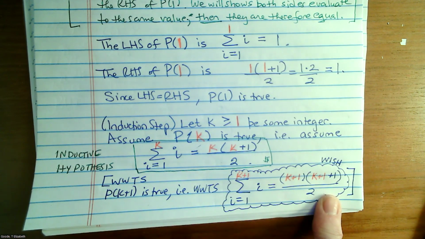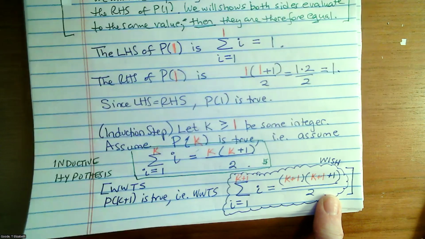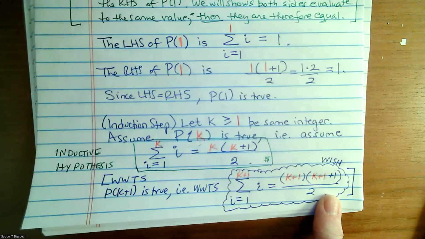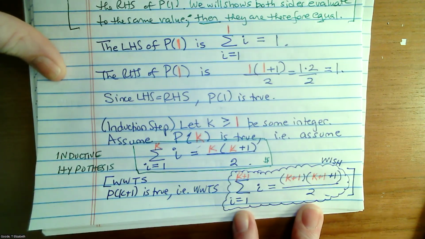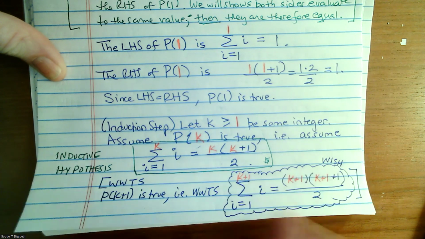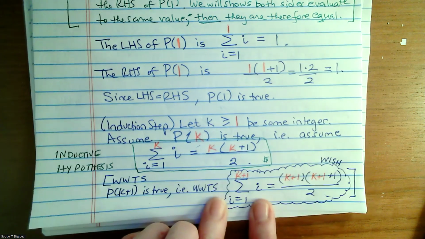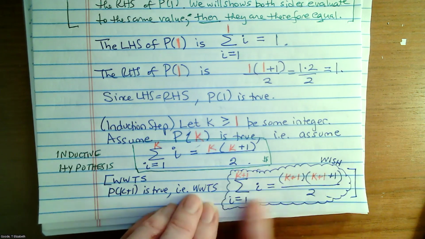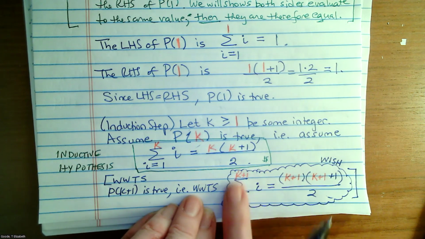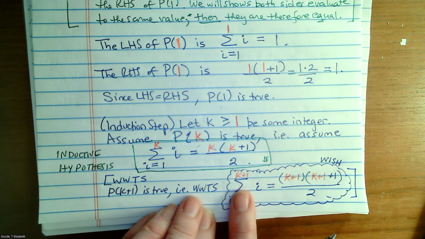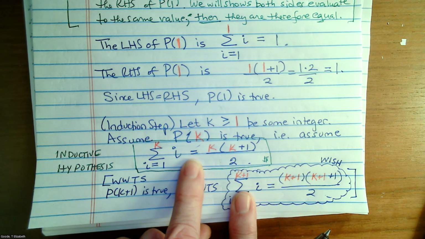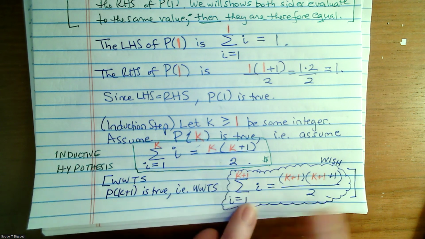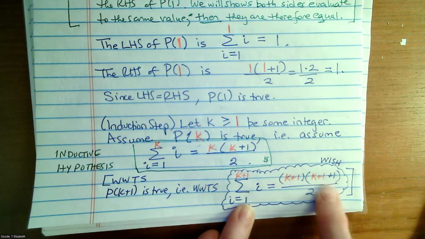So how do we achieve the wish? Well, we can't start with this equation because that's what we wish to prove. But we can start with one side of the equation, work on it, rewrite it using legal algebra, use substitution, use our inductive hypothesis if we're clever enough to figure out how to do it, do some more algebra, and turn it into this.